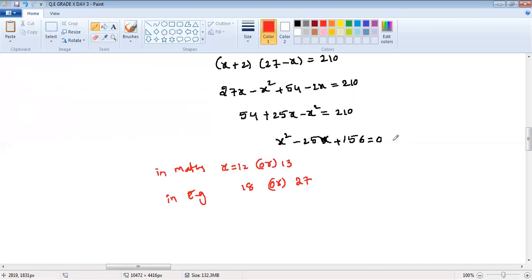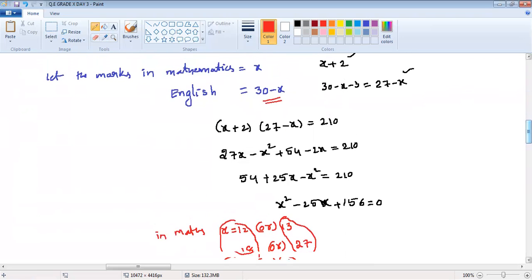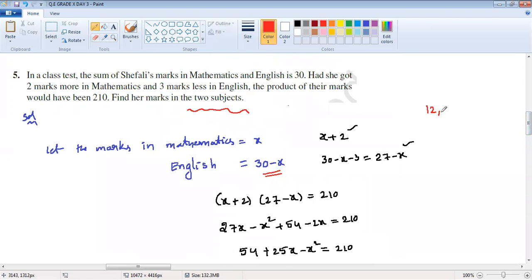Yes, sir. Now, my question is that there are 2 possible pairs, right? 12 and 18, 13 and 17. Now, which is the correct answer? Both are correct answers. Do you understand what I'm telling you? Yes, sir.